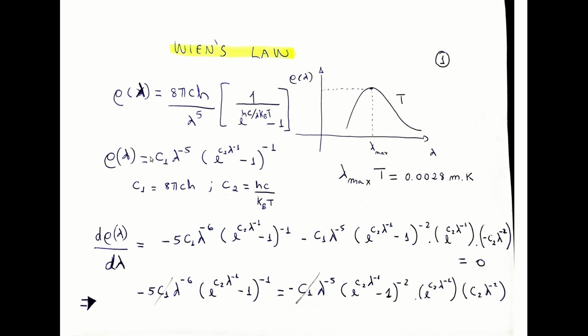When I derive this first function, I come up with minus 5 C1 lambda to the -6, just a standard derivation. You just apply the basic rule of derivatives here, and then you multiply your result by the whole of the second function, which is right here. Then you have to add this result to the first function multiplied by the derivative of the second.